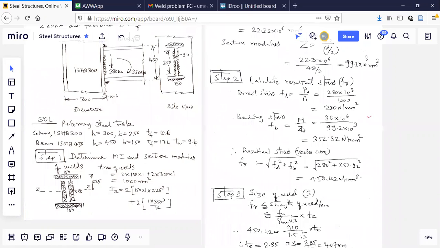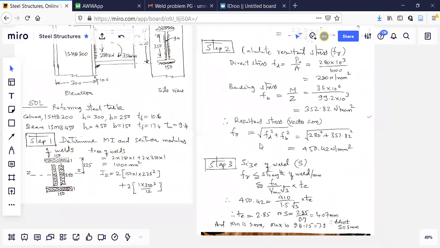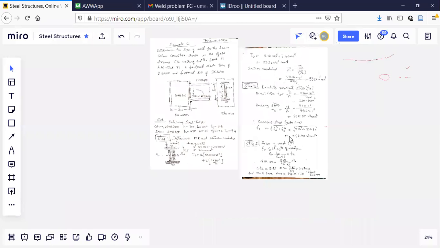The weld should be strong enough to resist that much stress. The formula is given in the code book as this. Since it was calculated for unity, you can keep just a T here instead of 150 into T. Wherever 1 is there, you can put T or TE, and you will end up with the same answer. But just to reduce the calculation time and confusion, it is done like this.